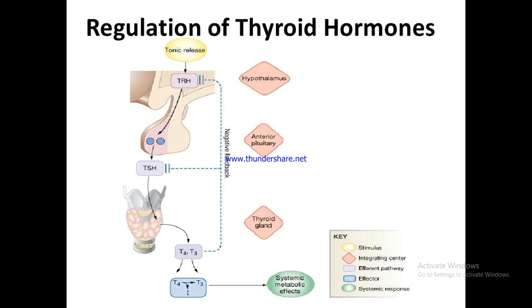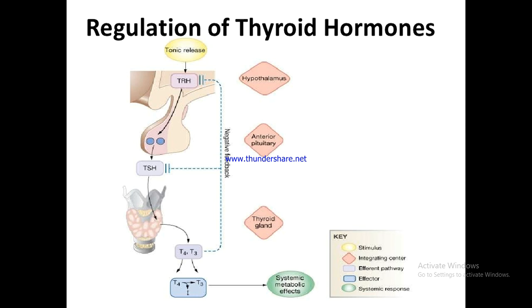Now the regulation of the thyroid hormone is by the feedback mechanism that involves the hypothalamic pituitary and thyroid axis, in which the thyroid releasing hormone is released from the hypothalamus, and this acts upon the anterior pituitary, which releases thyroid stimulating hormone that makes thyroxine, T3 and T4 hormones from the follicular cells of thyroid gland, and these are released into circulation when the need is there, and the systemic metabolic effects take place by the conversion of T4 to T3.